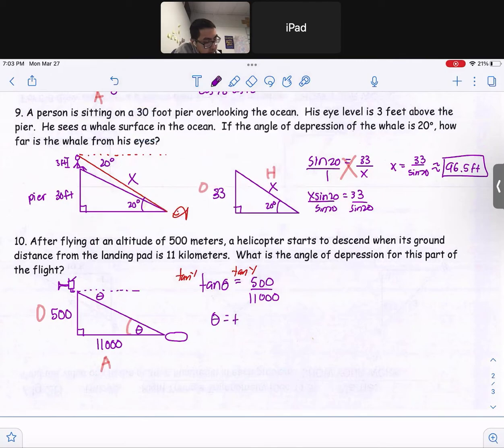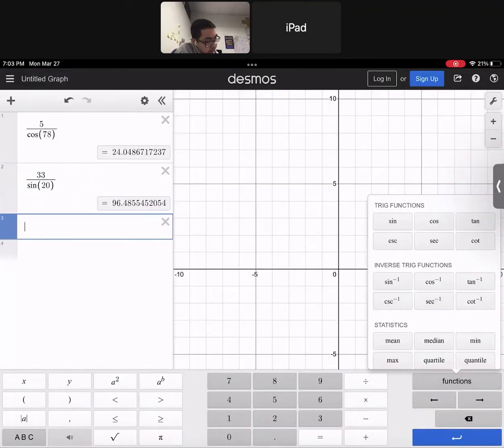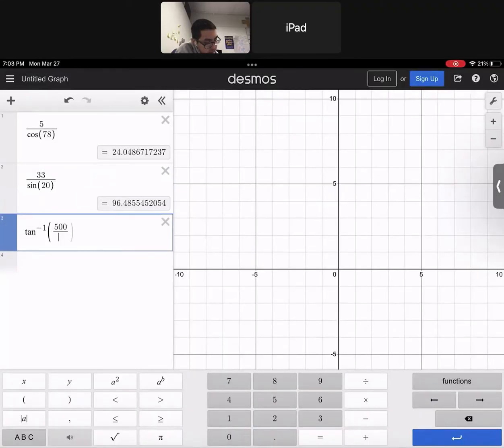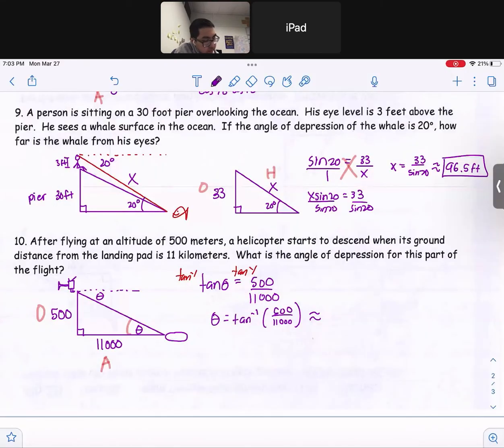Theta equals tan inverse of 500 all over 11,000. Which in your calculator, tan inverse of 500 divided by 11,000, 2.6 degrees. It's the angle of depression.